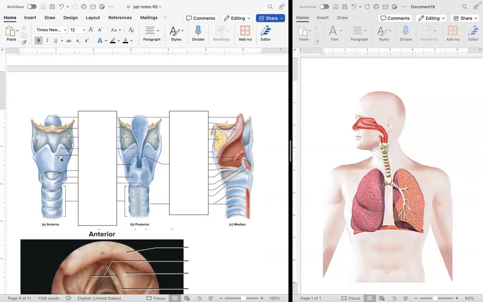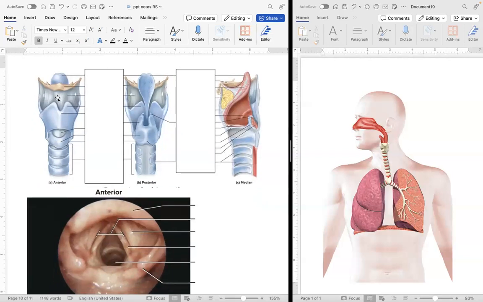And as I mentioned, it consists of 9 cartilages, but the 3 biggest ones are the epiglottic cartilage, which we can see here. Then we have the thyroid cartilage, which we can see here, which can be felt as an Adam's apple. And then the last one is here and is the cricoid cartilage.